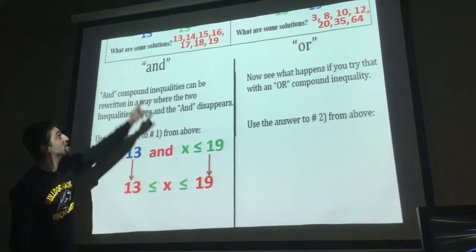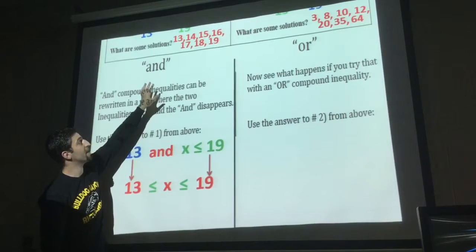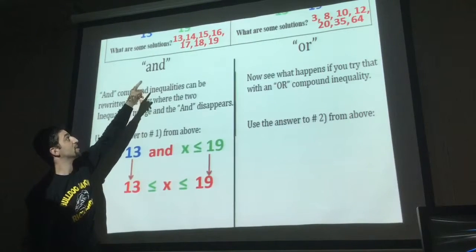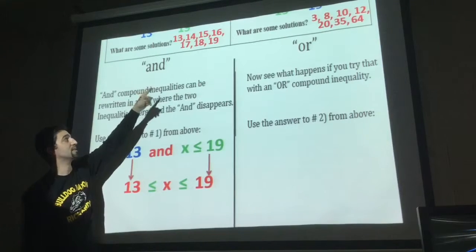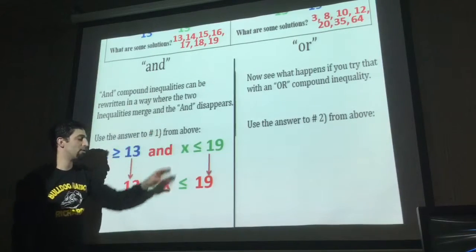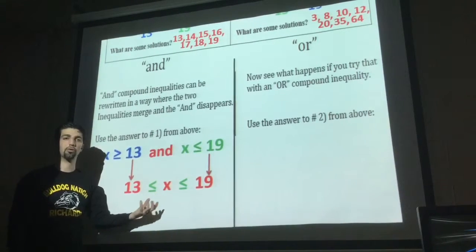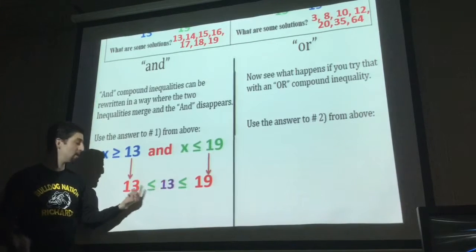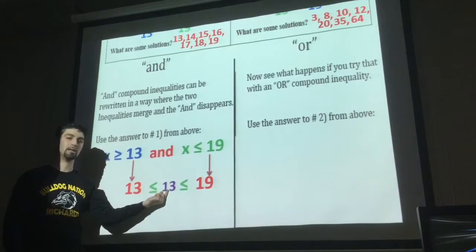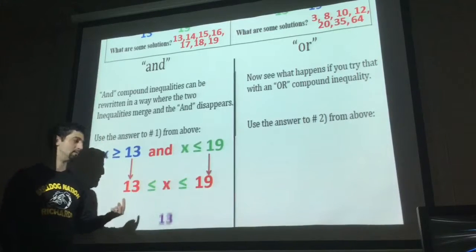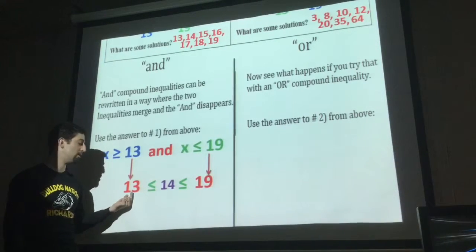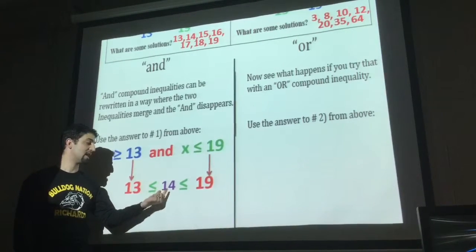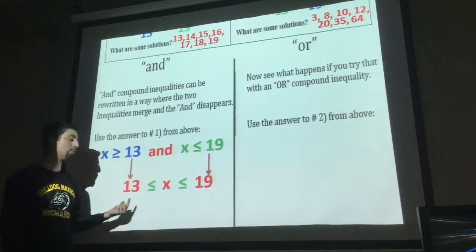All right. Now you see all those solutions that we picked, or that satisfied: 13, 14, 15, 16, 17, 18, 19. If I put any of those in here, it will still be true. For example, if I put 13 in here, 13 is equal to 13, and 13 is smaller than 19. Okay. If I put 14 in here, 13 is smaller than 14, and 14 is smaller than 19. Okay, it works with all these.